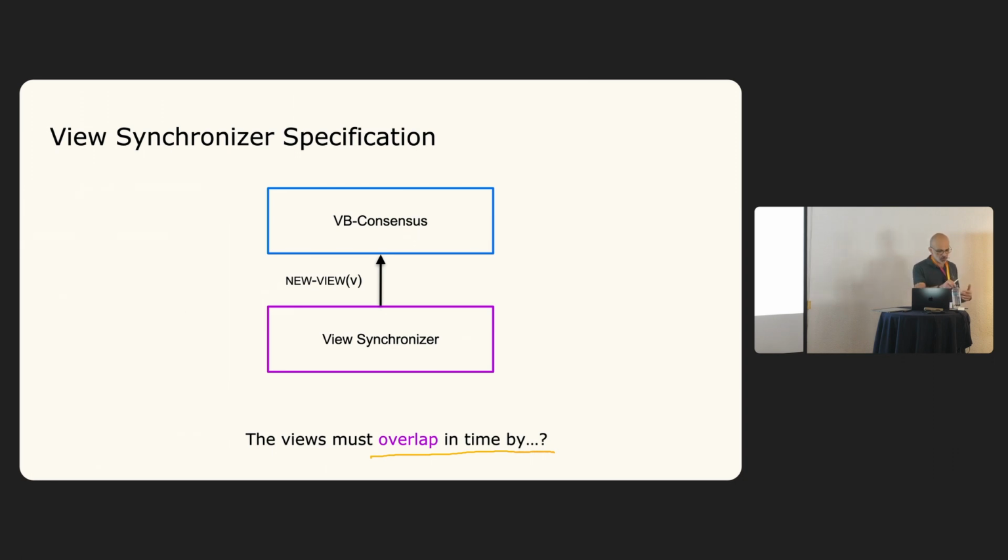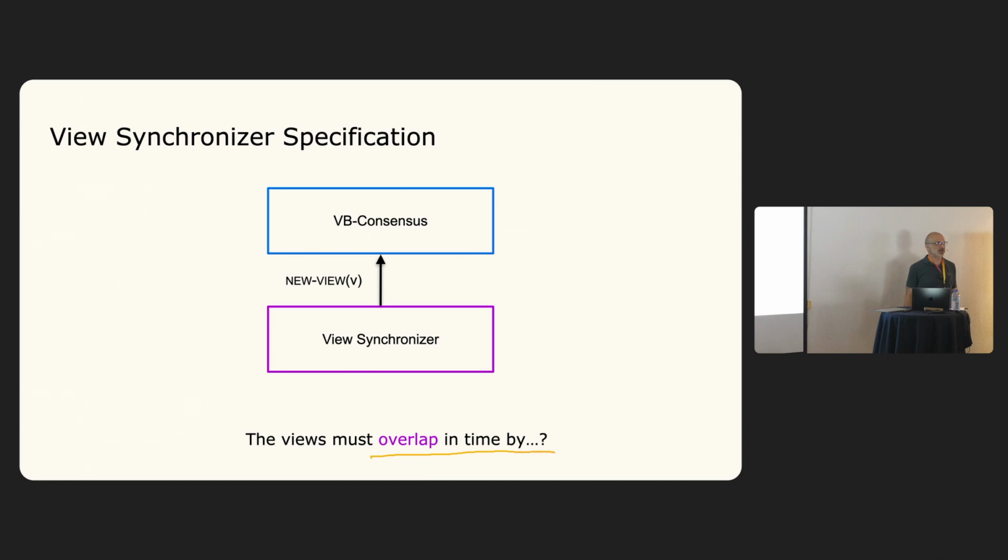You can just say it in words, you don't have to give a number. So what would be this time qualitatively? You said 2 delta? Yeah, because when the process enters a new view, it sends a message to the new leader, and it should be able to receive the response.